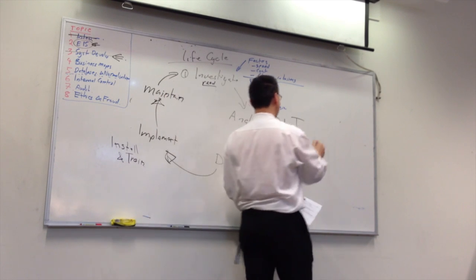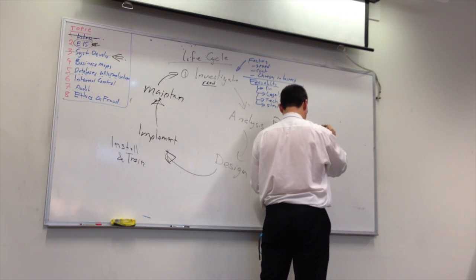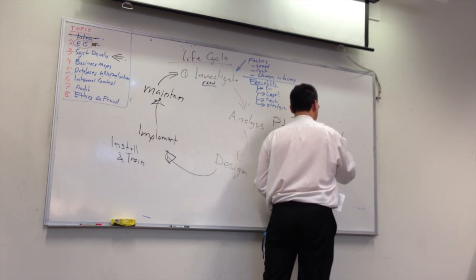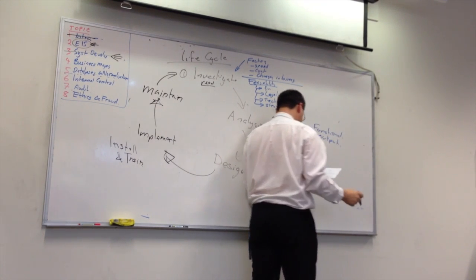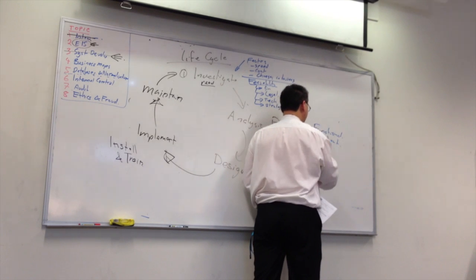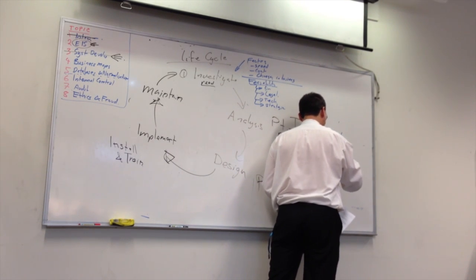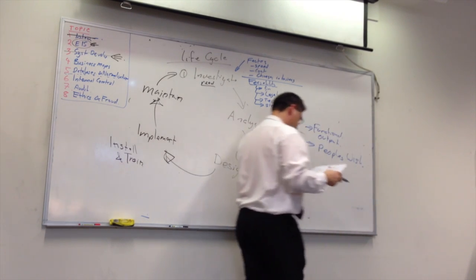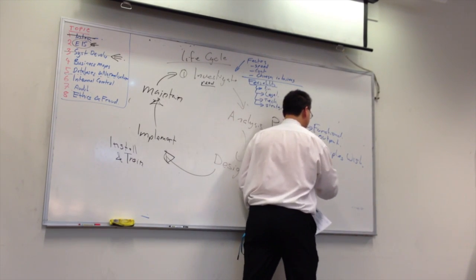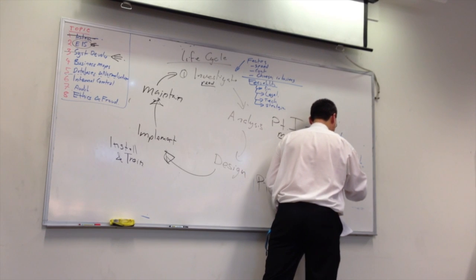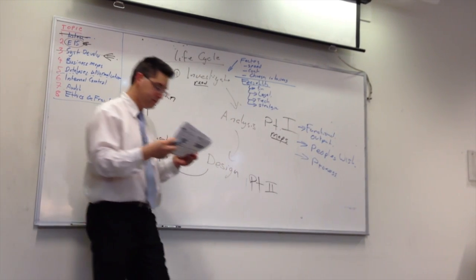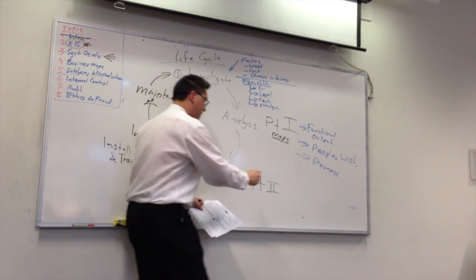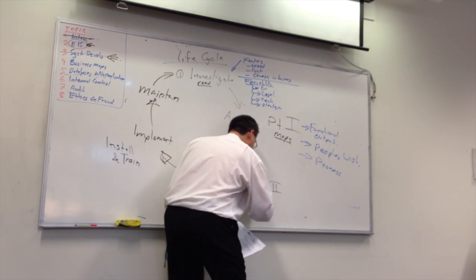The analysis requires things like functional outputs. What do you really want this to do? What do you want from the people? What do people want? People's wishes or desires. What are the processes that it has to support? Those sorts of things. Design, you need to worry about how is it logically going to work.